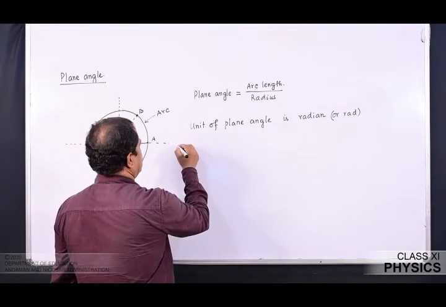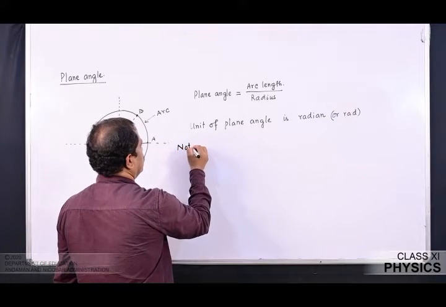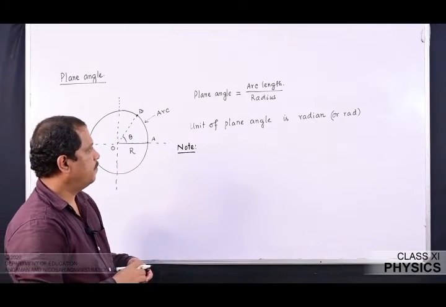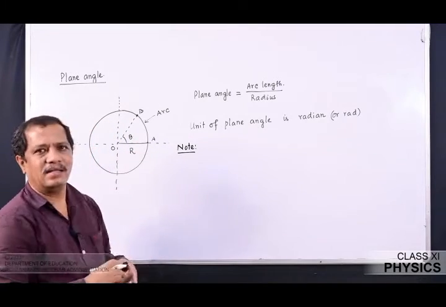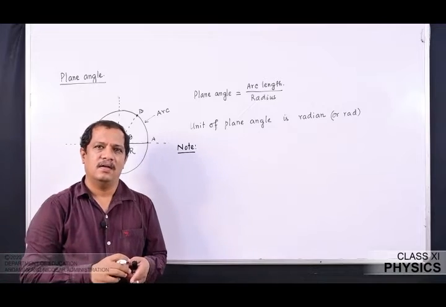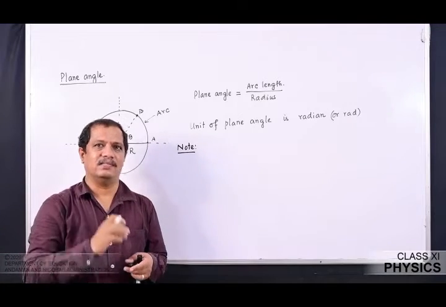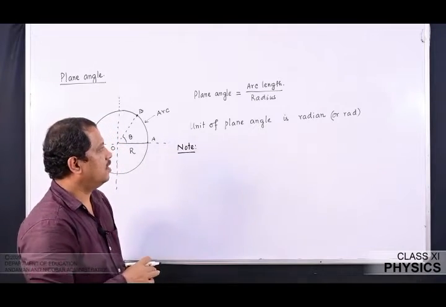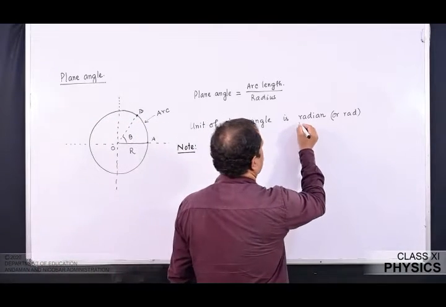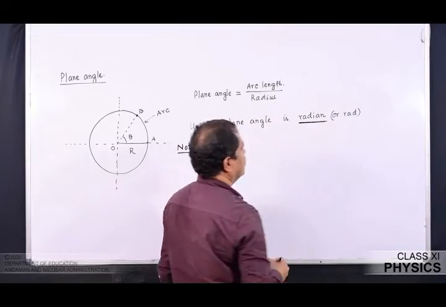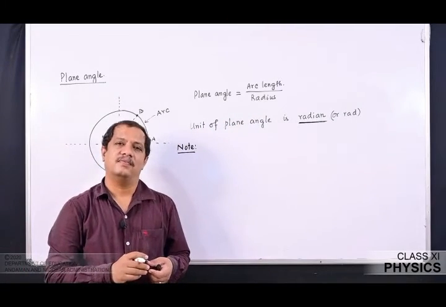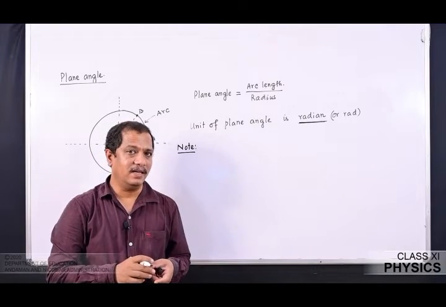Now, we must also keep in mind that in lower classes we have studied the angle subtended by any arc in terms of degrees. However, now we have come up to call the angle subtended as a radian. So, degree is not an SI unit, however, the SI unit of angle is radian.